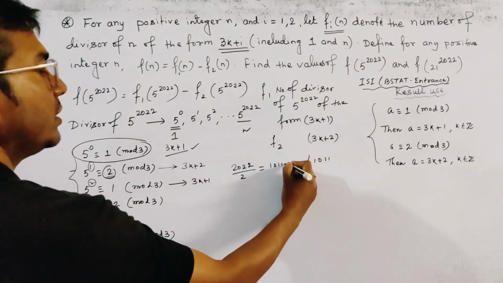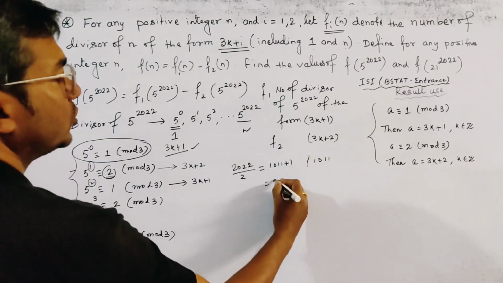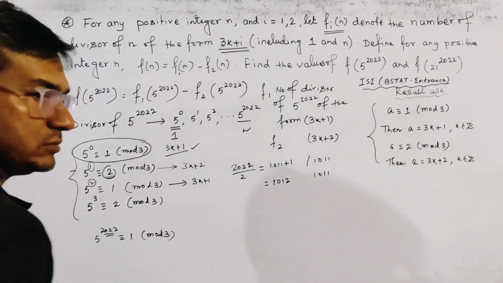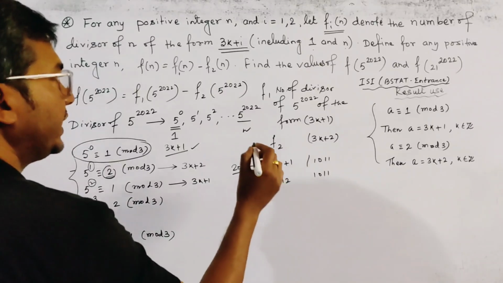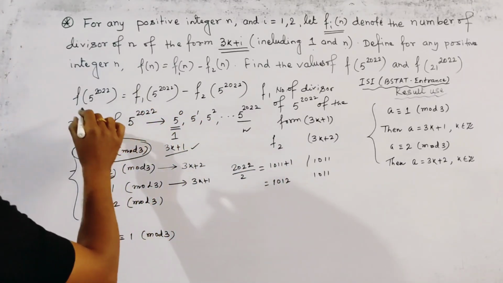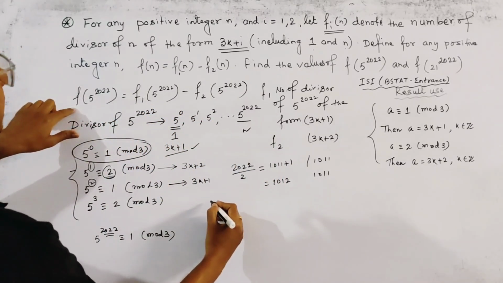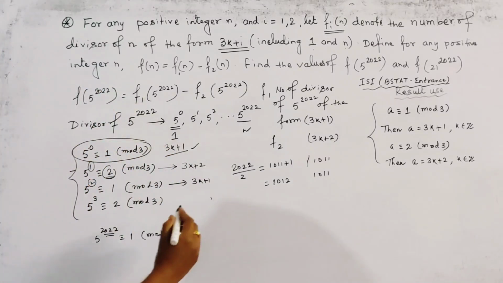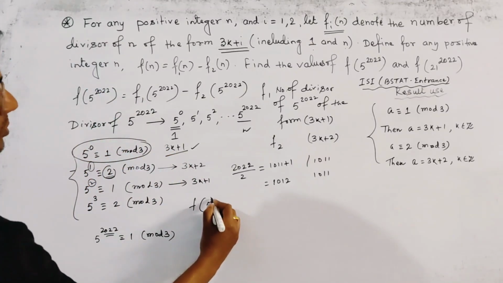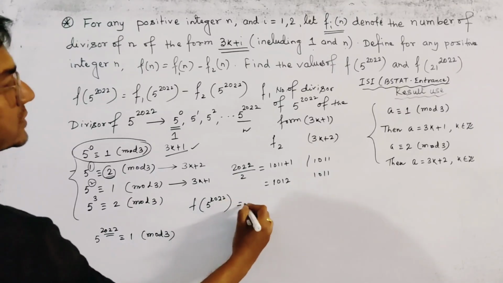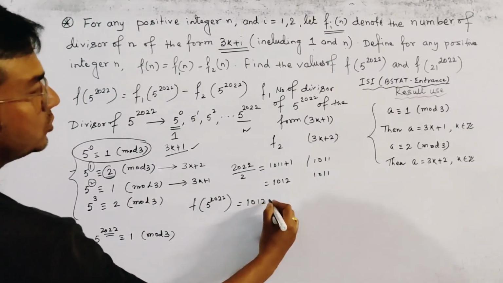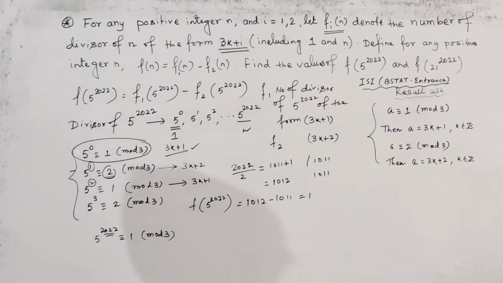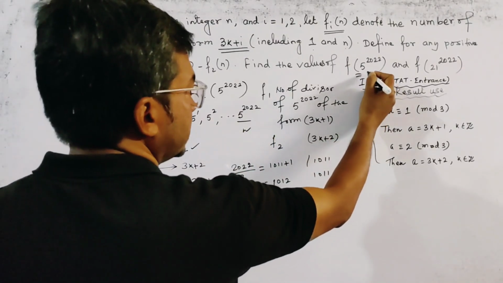So here the number of divisors is plus 1, so 1012, and here 1011, right? So we get the value of f of 5 to the power 2022 as 1012 minus 1011. So this is 1. Our first answer is 1.